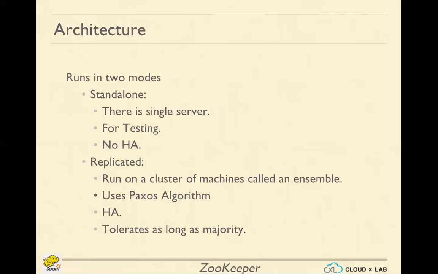HDFS is for providing humongous storage. Zookeeper is for providing small storage, but in a very highly available model. Okay, so I hope that's clear.